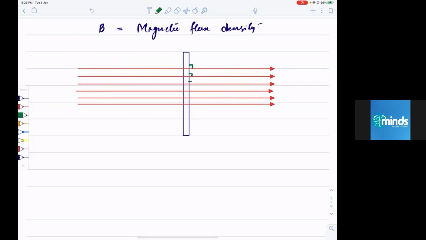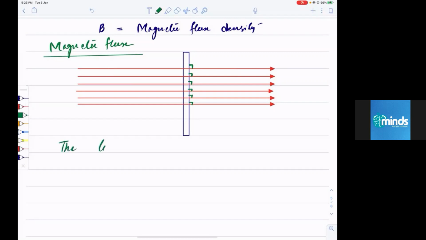If you look here, all these lines of force are passing perpendicularly through the surface. These lines of force are collectively known as magnetic flux. Because the word flux actually means flow of something. When we talk about water flux, it means flow of water. So magnetic flux means flow of magnetic lines of force.